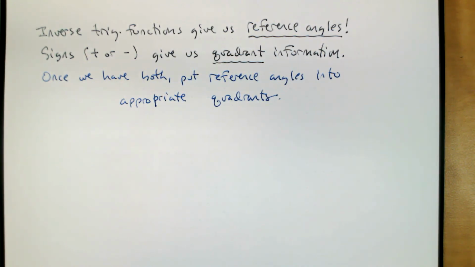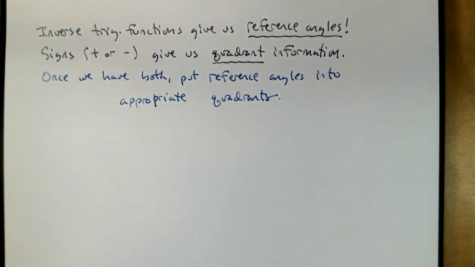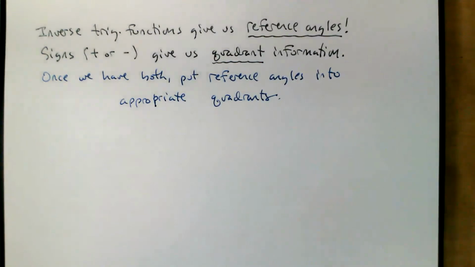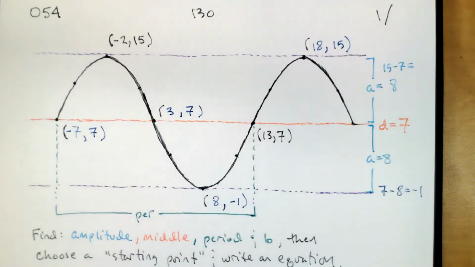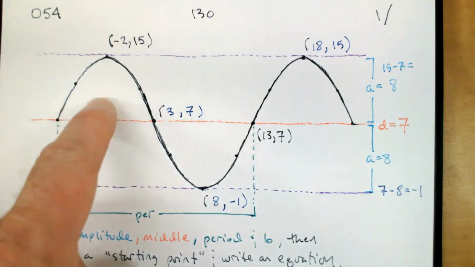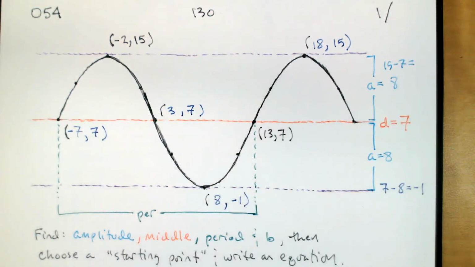One level up from that is to realize that trigonometric equations could have an infinite number of solutions. So for example, if we go back to the function we had at the beginning, if I take any one of the equations that we wrote, it said solve that function equals 15. There are an infinite number of solutions. We see two of them, -2 and 18, but the period is 20.